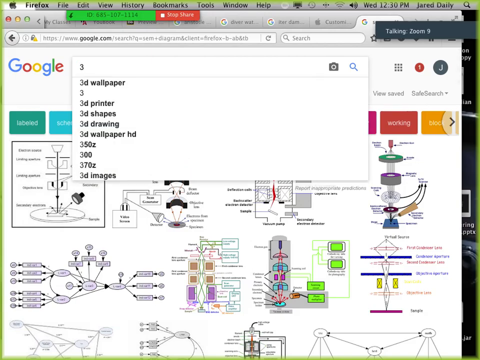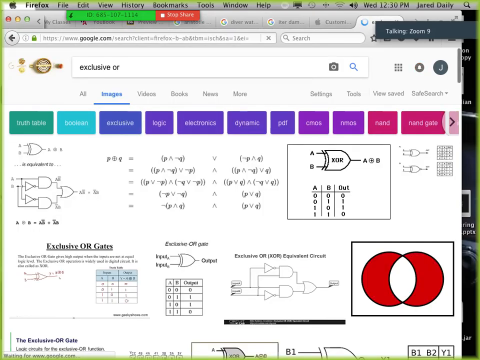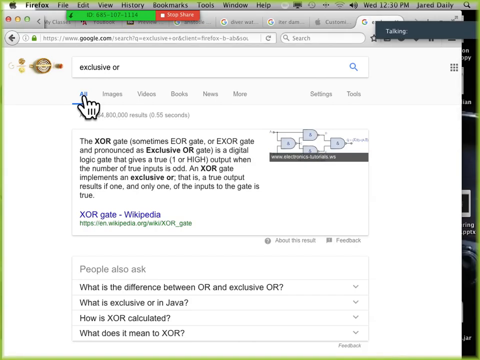So the exclusive OR, they use this in many different types of things, not just programming. It gives a true when the number of true inputs is odd.